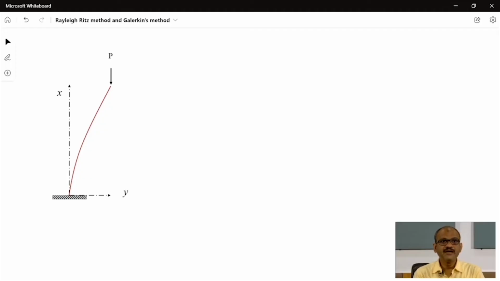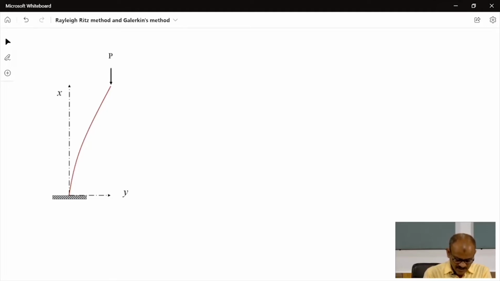Let us discuss the Rayleigh-Ritz method through an example. This is a fixed-free column, and we will have to find the critical load of this column. Let us first assume the deflected curve of this member.